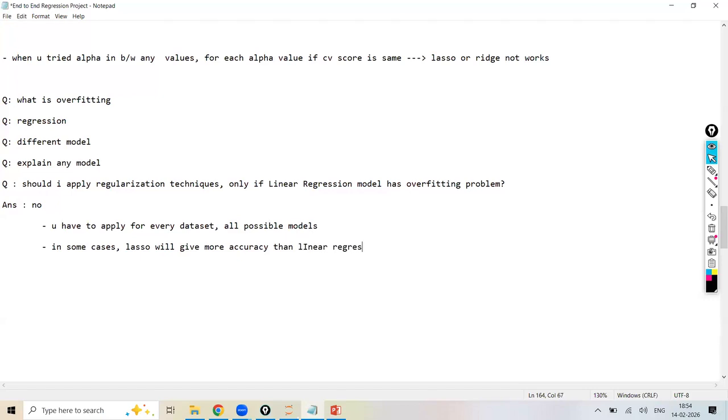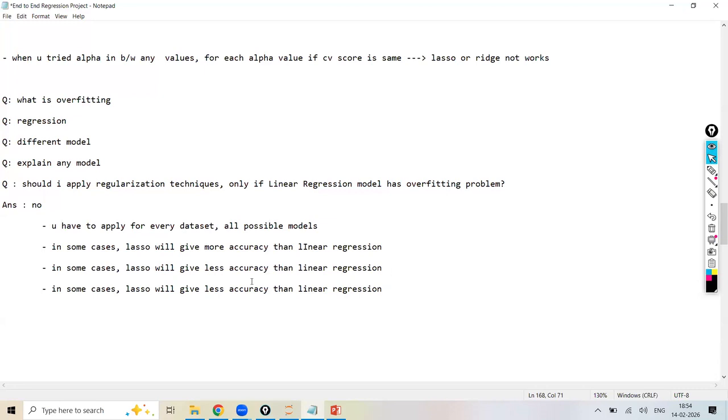In some cases, okay, lasso will give less accuracy than linear regression. In some cases, lasso will be equal to linear regression.